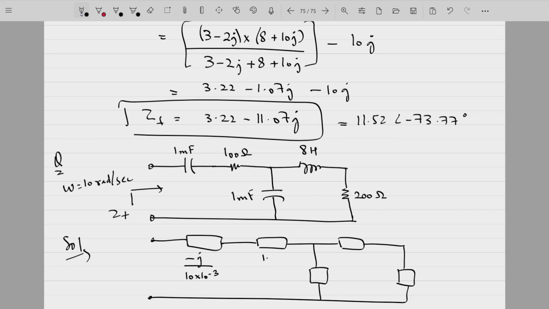This is 100 ohms. This is minus J divided by 10 raised by minus 3 ohms. This is J 8 ohms. This is 200 ohms. Find out the total impedance ZT now. ZT का क्या वैल्यू आएगा?